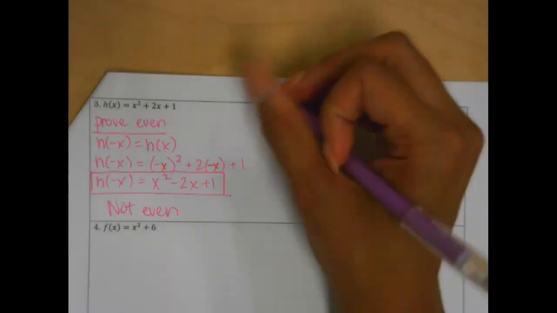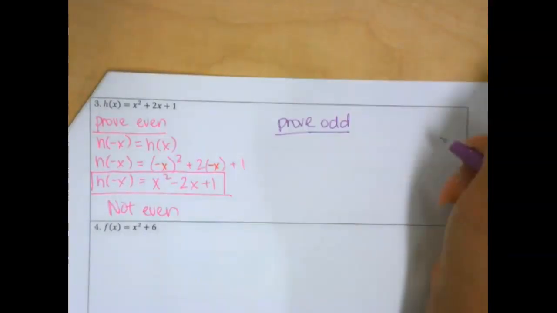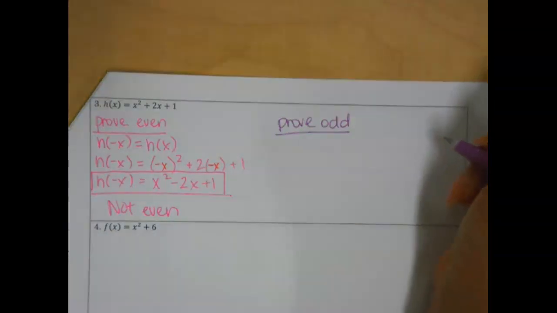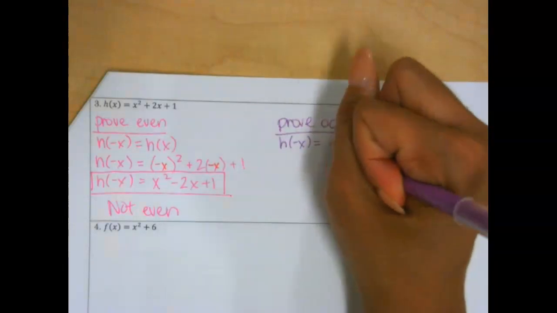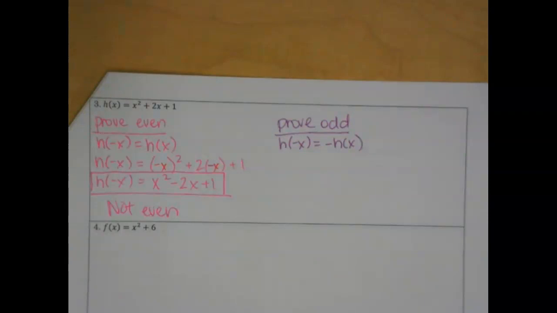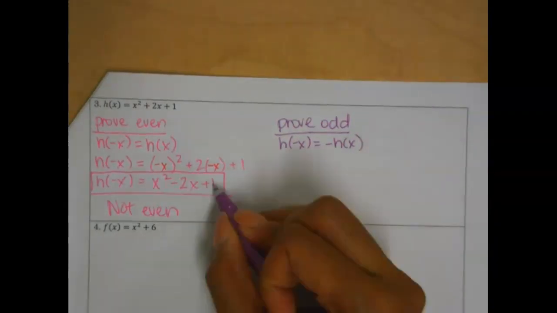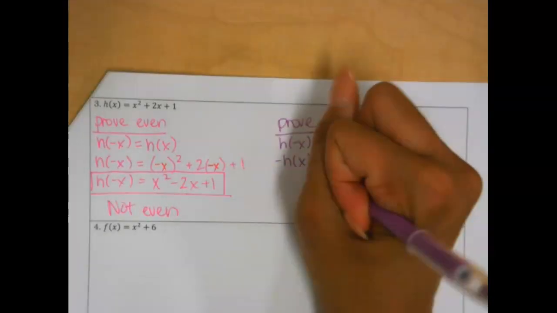So over here to the side, let's prove that this is odd. The statement I need from the very first page is h of negative x is going to equal negative h of x. Okay, so I already have h of negative x. That was the information to the left. Let's see if negative h of x is true.